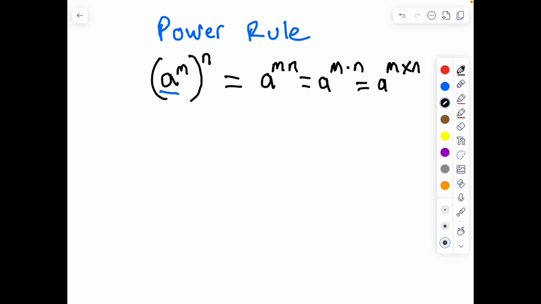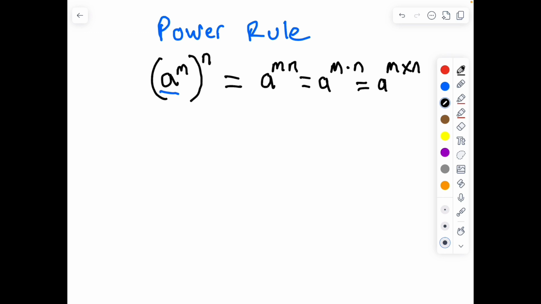Now for the power rule, when you raise a power to another power, you multiply the exponents. So in this, a is the base. It can be any number or variable, and m and n are the exponents. Since you are repeating a power multiple times, you just multiply the exponents.